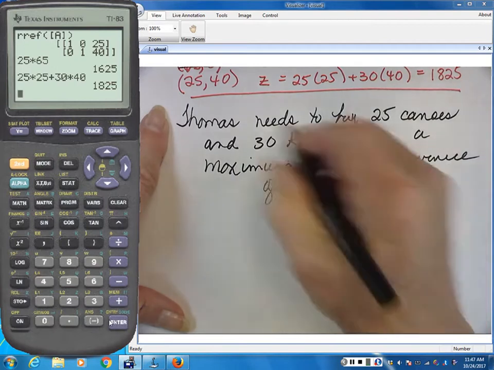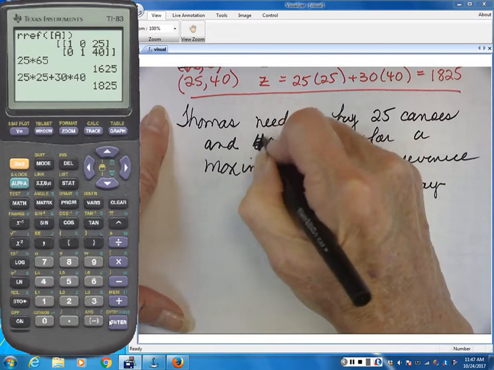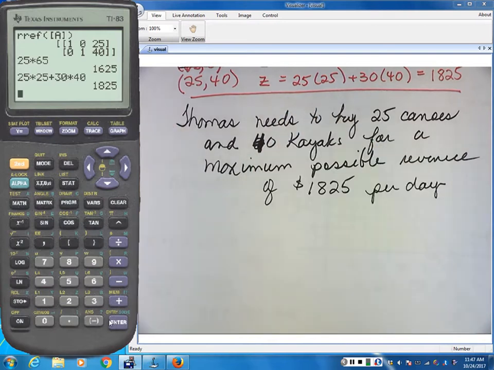Oh, I'm sorry, it's 40. So Thomas needs to buy 25 canoes and 40 kayaks for a maximum possible revenue of $1,825 per day.